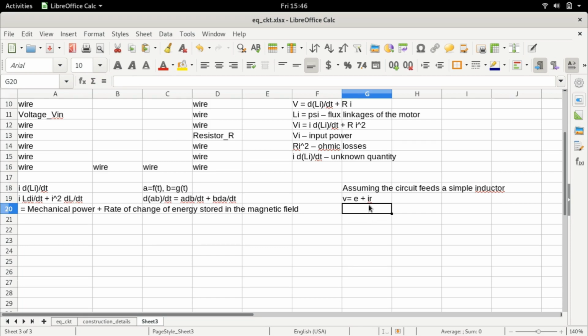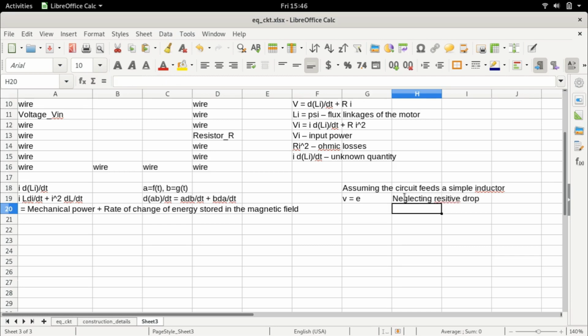Again, we are coming back to the same question as to what to do with this IR. Right away, let me just get rid of this and say V is approximately equal to the induced EMF, right? This is approximate. Here, we are neglecting resistive drop.